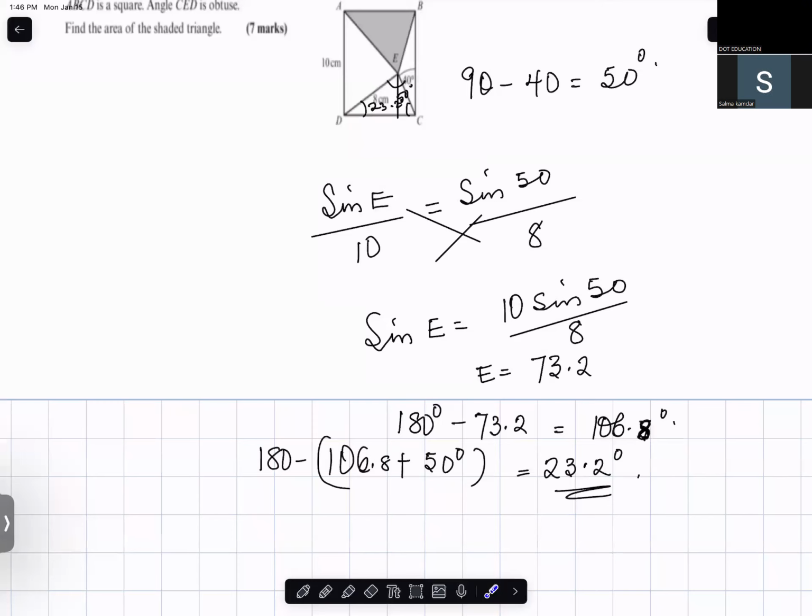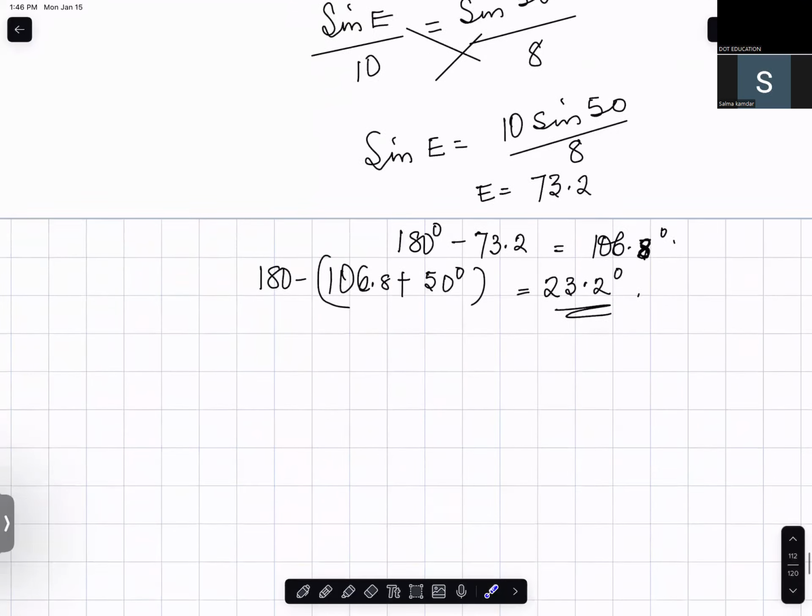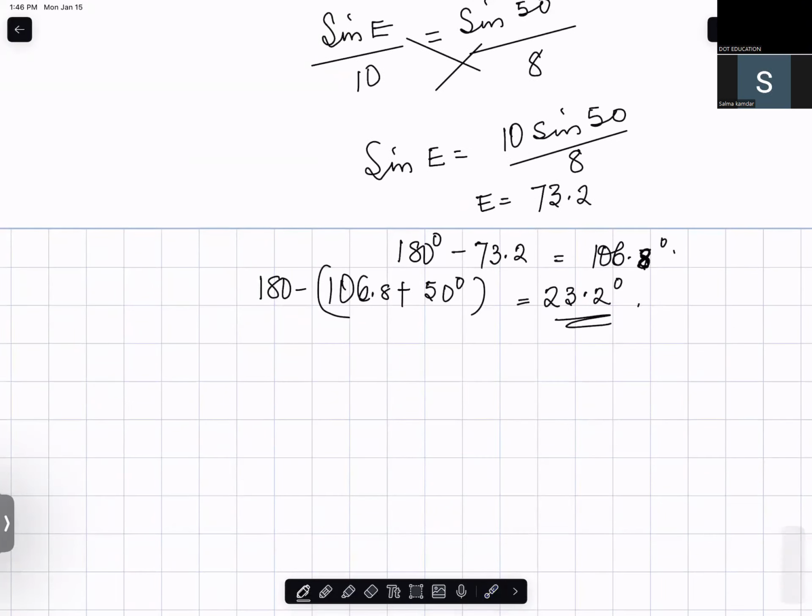The total length from this to this is 10. But we are going to look for this in order to be able to find the height of triangle ABE. So how do we get that? We apply our formula for finding the area of a triangle, which is half AB sine C.